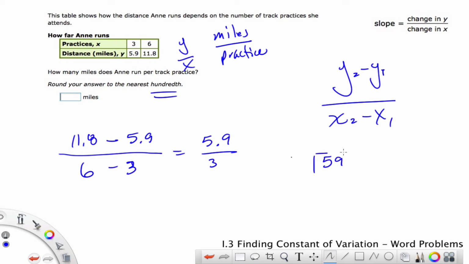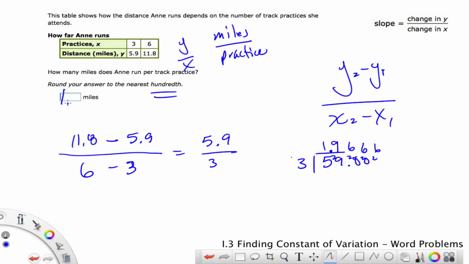I know this is about almost 2. So 3 goes into 5 once, 2 left over. 3 goes into 29, 9 times with 2 left over. 3 goes into 20, 6 times with 2 left over. So I know this is going to keep repeating. Once it's to the nearest hundredth, I know it goes in about 2 times, so it's got to be right here.